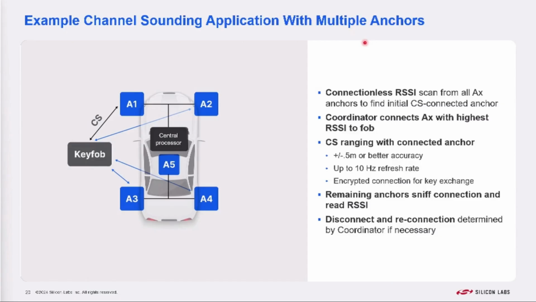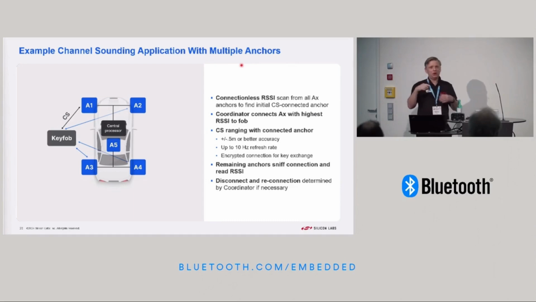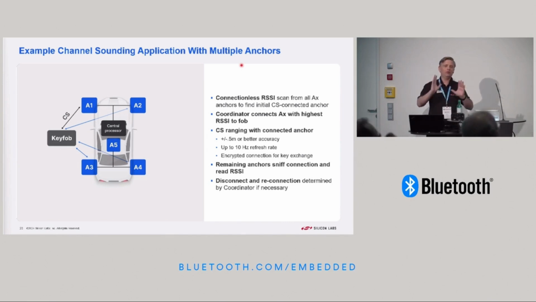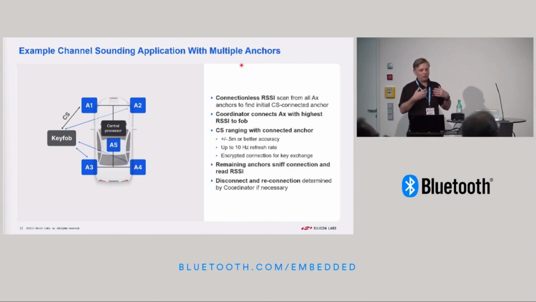Let's say you have a car with multiple anchors, and in this system, one anchor point or all anchor points could be using RSSI to get a very coarse presence detection, and then one or more of the anchors that are determined to be closest to the key fob could establish a connection with that key fob or that phone, and then channel sounding ranging could begin. So in that case, you're doing a lot of passive monitoring using RSSI before you're selectively enabling channel sounding to get more precision ranging.